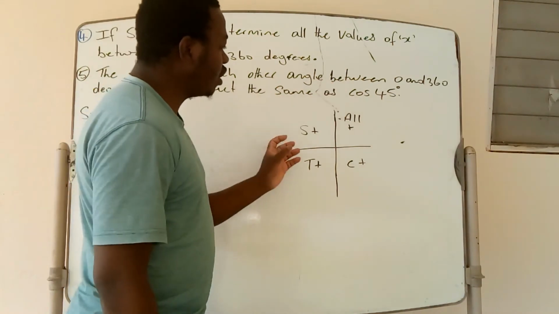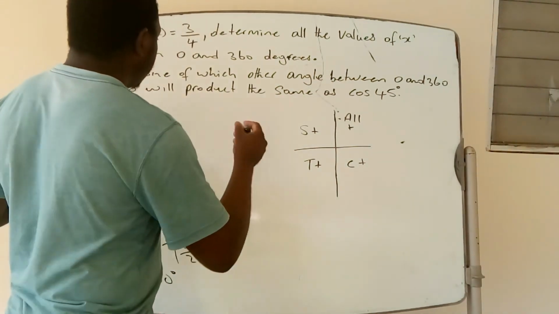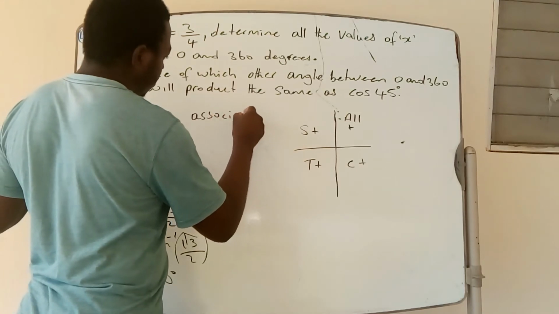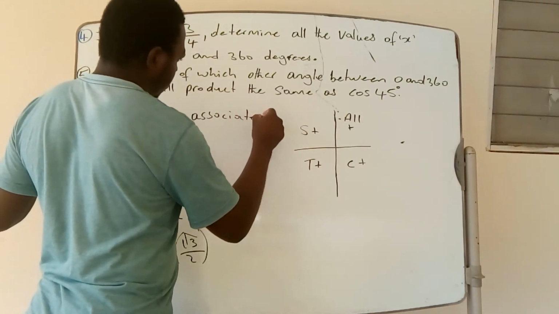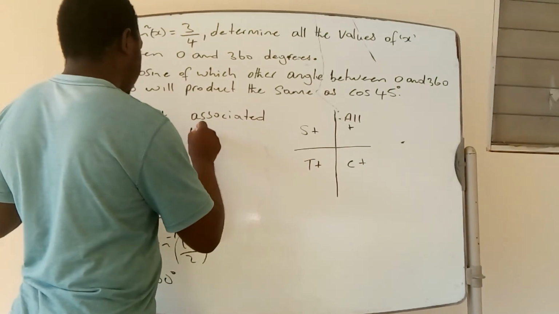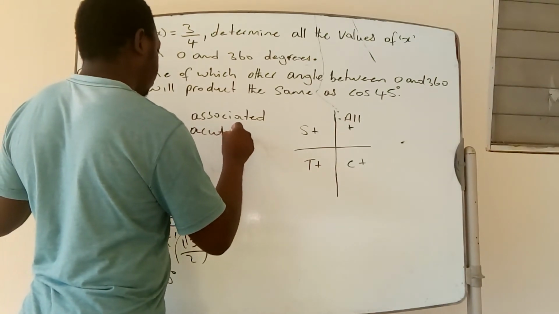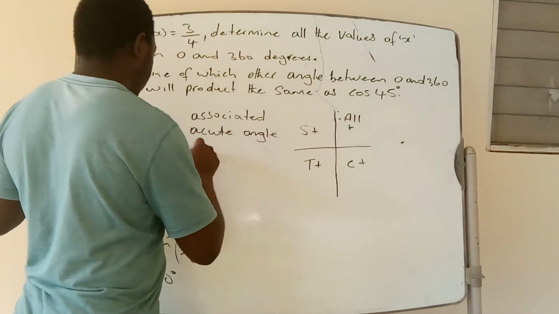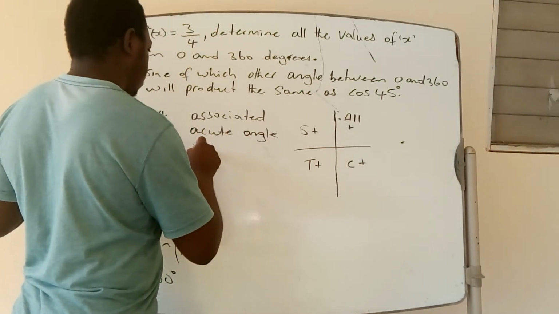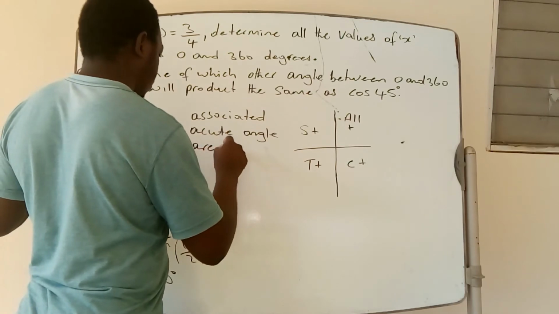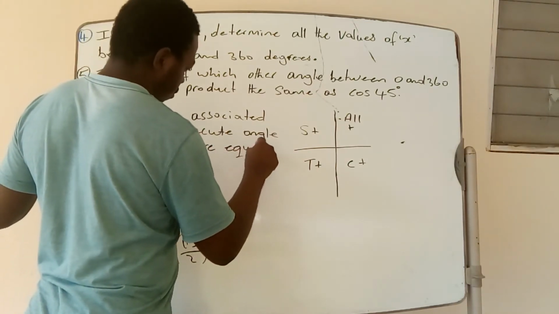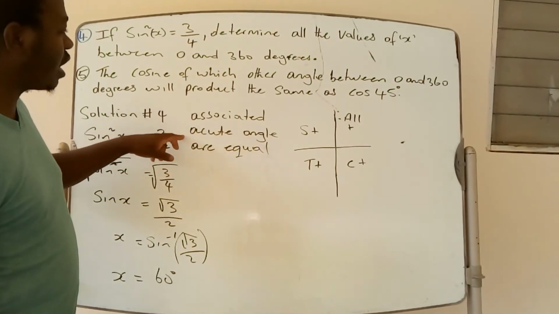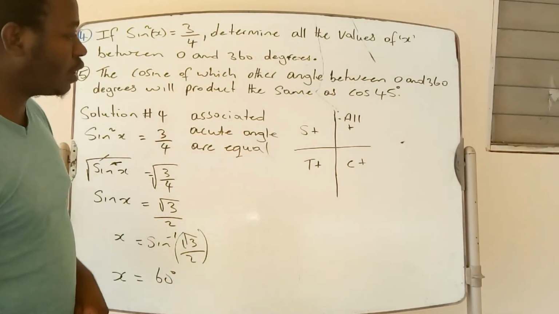Now there is something that you need to remember, which we call the associated angle. You need to remember that the associated acute angles are equal, right?